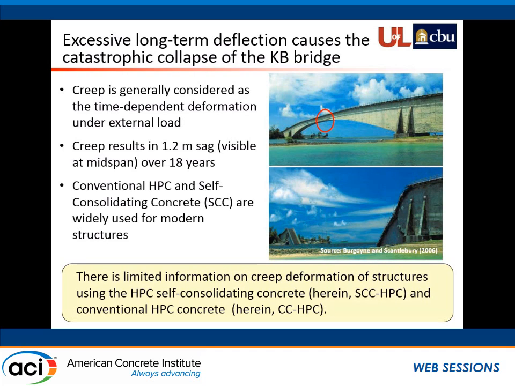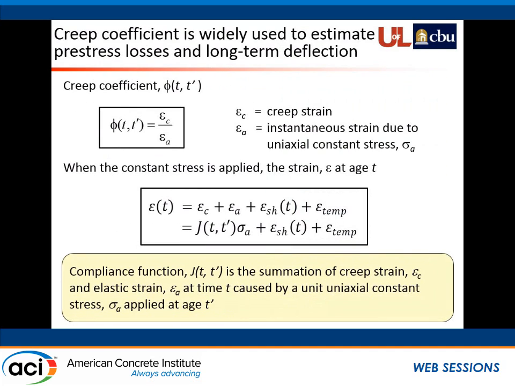Nowadays we are using very modern concrete, high-performance concrete, for precast prestressed concrete members, and self-consolidating concrete is also quite widely used now. But still, I believe the database is quite limited for predicting creep. So we are trying to collect as much data as we can and propose a new model, a better prediction for creep deformation and the long-term behavior of bridge structures.